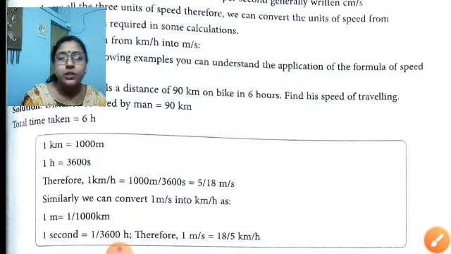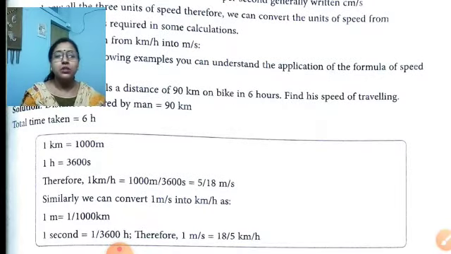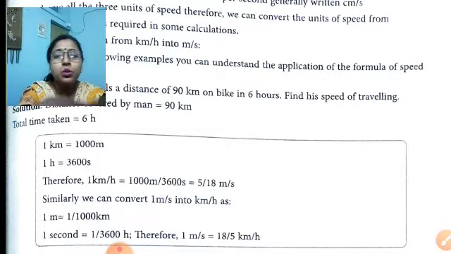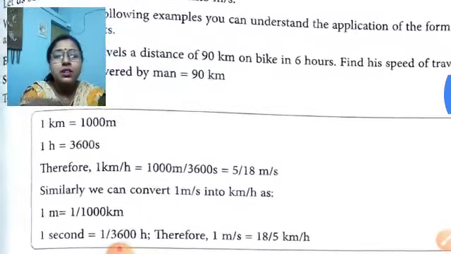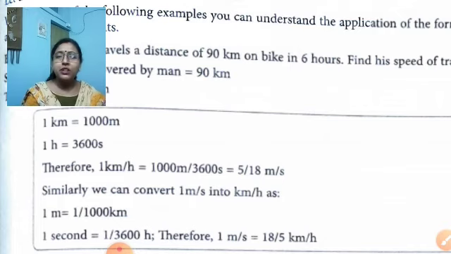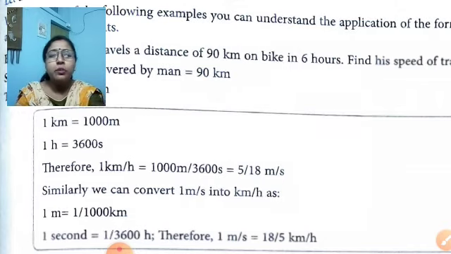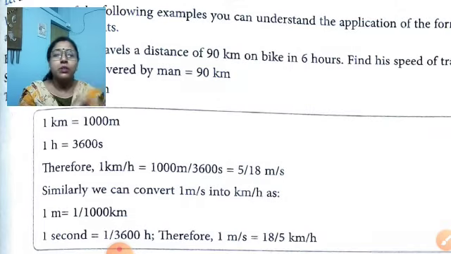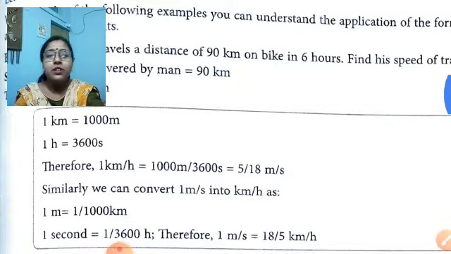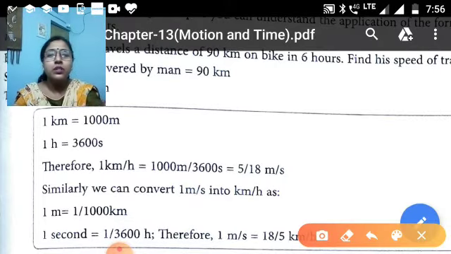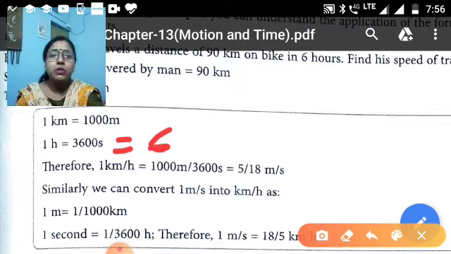1 kilometer is equal to 1000 meter, and 1 hour is equal to 3600 seconds. How do we get this? 1 hour is equal to 60 minutes, and 1 minute is 60 seconds.